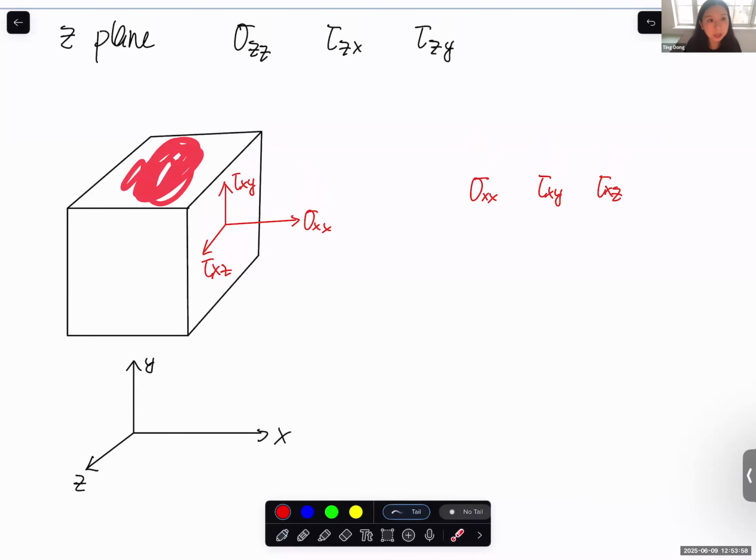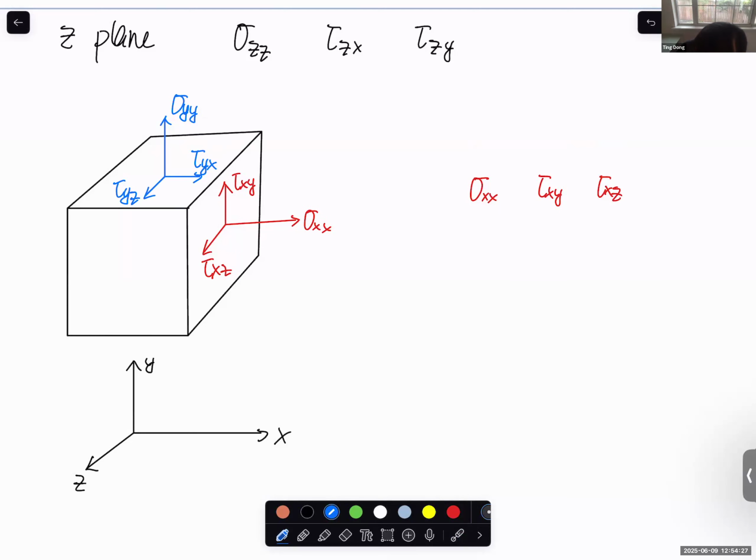Similarly, this becomes the y plane. On the y plane, we still have three components: sigma yy, tau yx, tau yz. Of course, this is sigma yy, and this direction becomes the shear stress, tau on the y plane in the x direction, and tau on the y plane in the z direction.